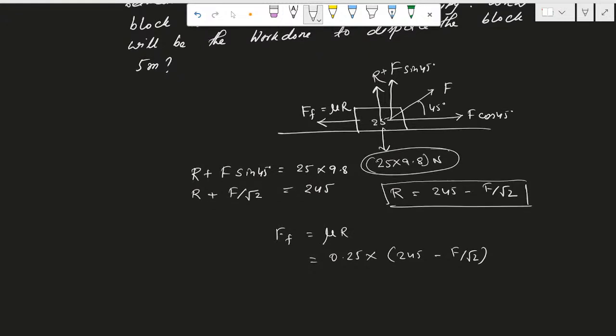Now frame the equation. F cos 45, on the right hand side, should be equal to the frictional force.